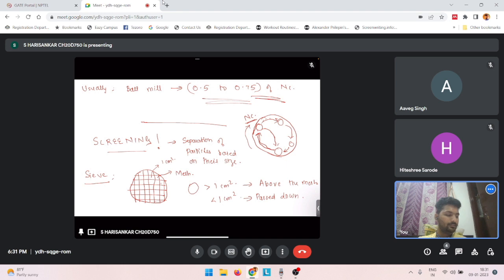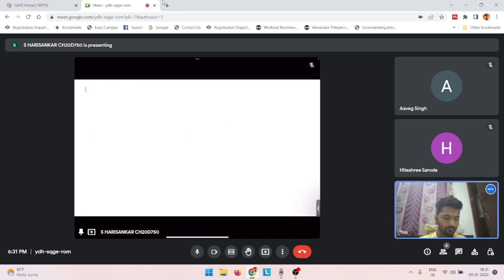Now, the next thing is the mesh number or the mesh size. So what this means is, for example, if you have something called 20 mesh size, this means there are 20 openings per square inch in the sieve.